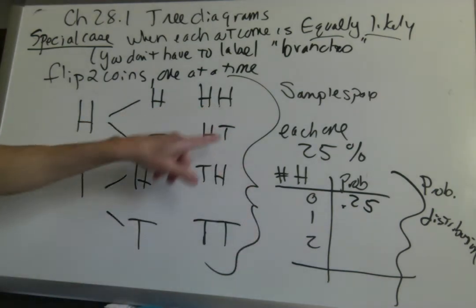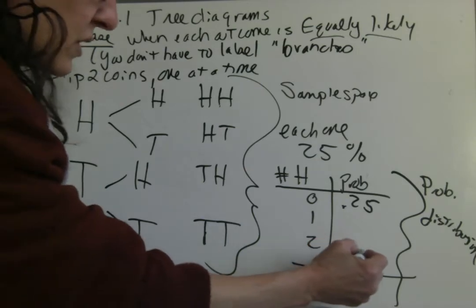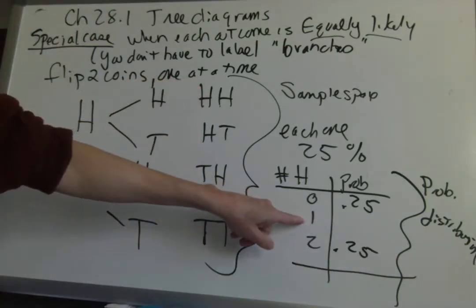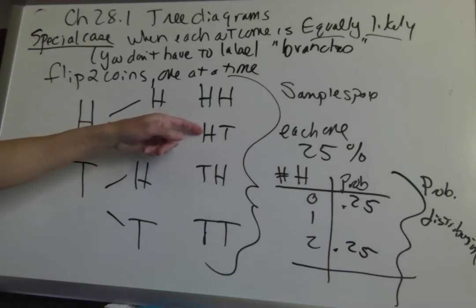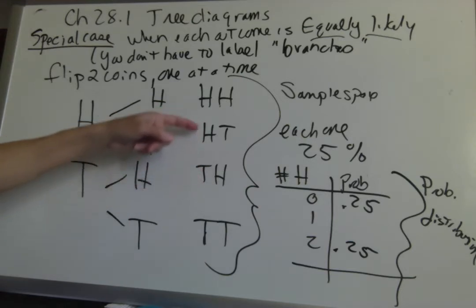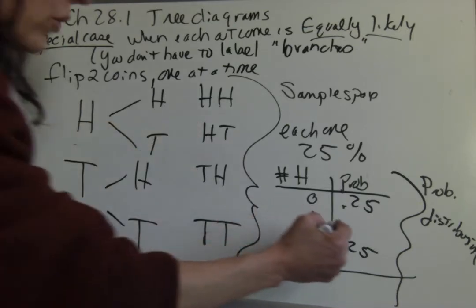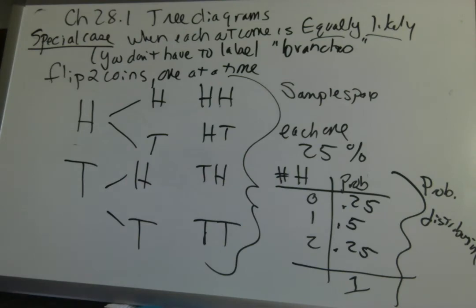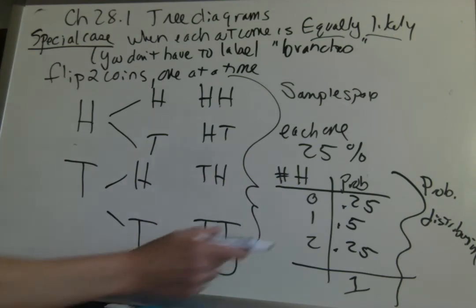2 heads, oh, there's only 1 of those, 25%. Remember, each one of these is 25%. 1 head, well, that's a case that's just 1 head, and that's a case that's just 1 head, right? So 25% plus another 25%. A really nice thing about probability is you can check your work to see if you've made a mistake.